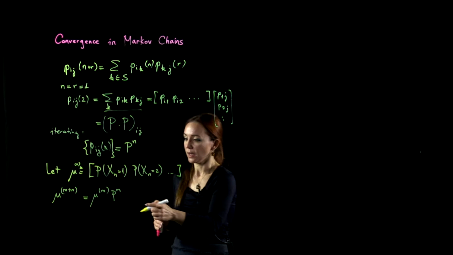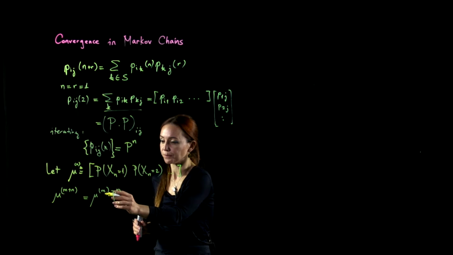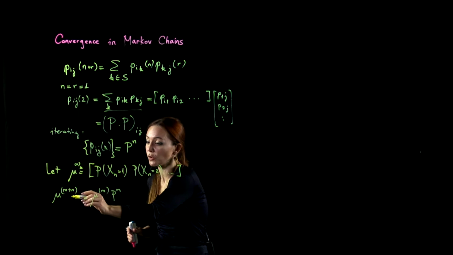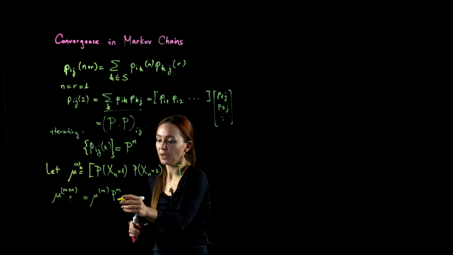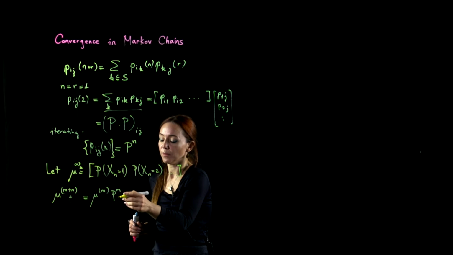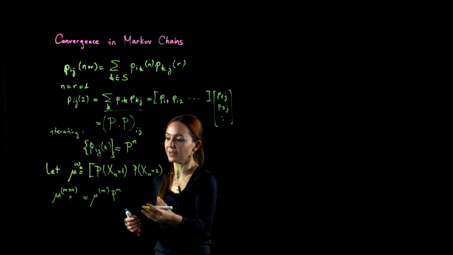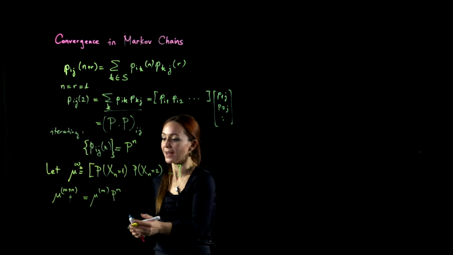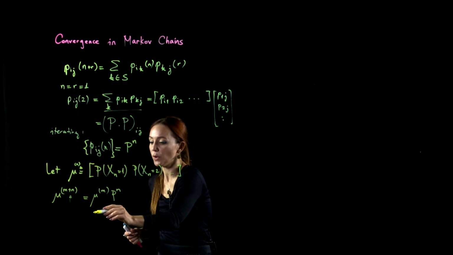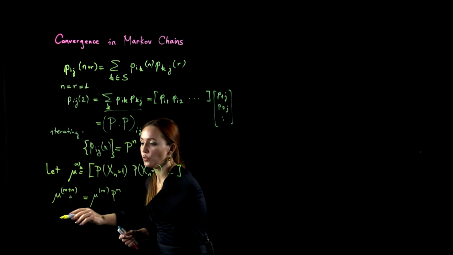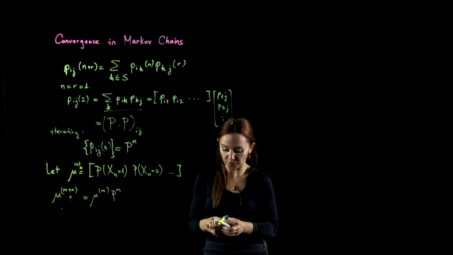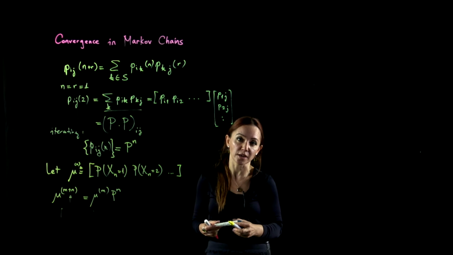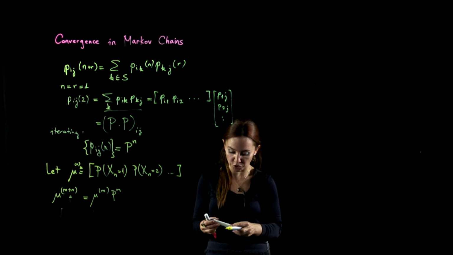As n increases, as we're multiplying P many times by itself, does it converge to something such that the vectors mu_m and mu_(m+n) are roughly the same? We say then the Markov chain has converged to a steady state distribution.